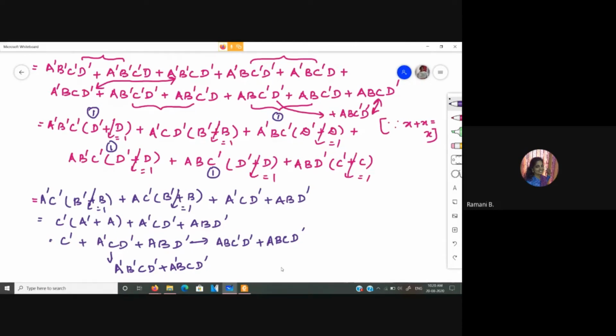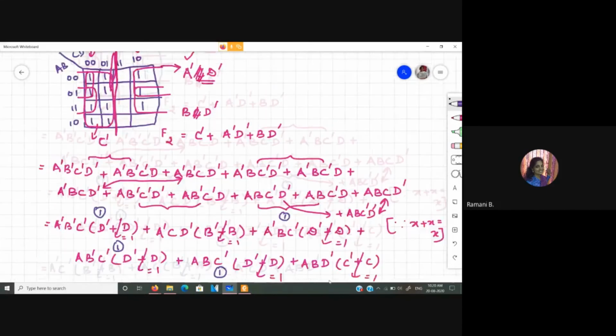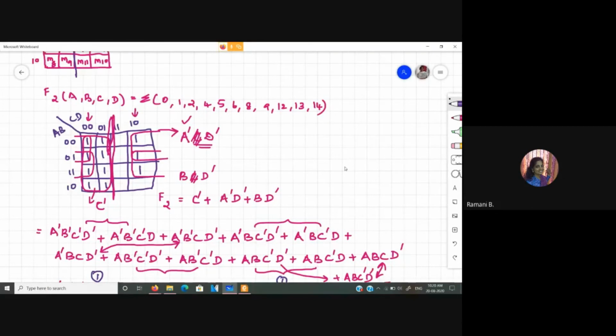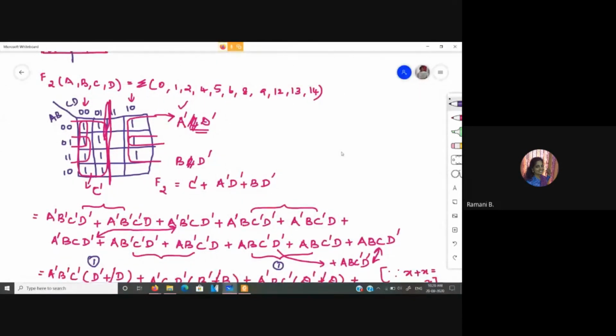We don't know which of the x terms I should add for simplifying this expression. So this is somewhat time consuming. So that's the reason why the K-map and tabulation method were found by some scientists.